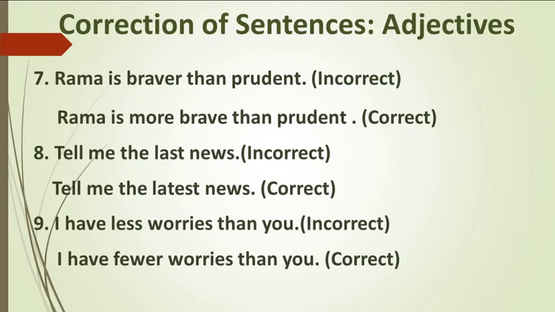Here Rama has two qualities, prudent and brave. In such cases we should not use the comparative degree like braver by adding er. We should use more. So the second sentence is the right one.